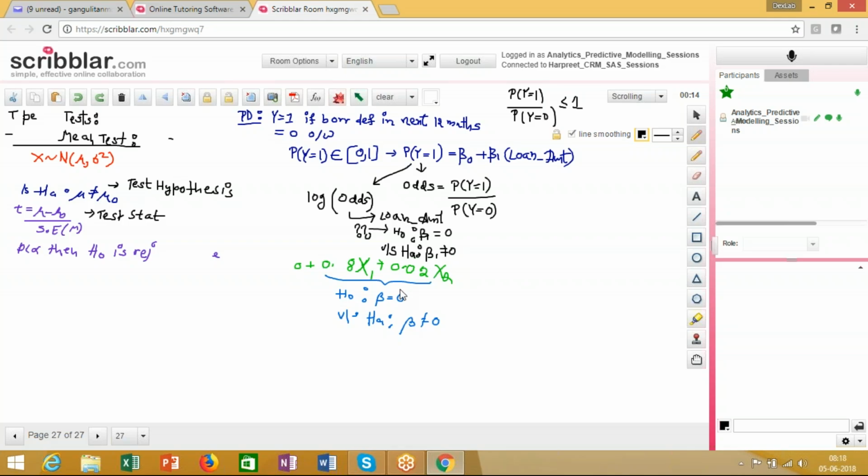Right, so what we have over here is H0: beta 1 equal to 0, versus the alternate hypothesis, beta 1 not equal to 0.